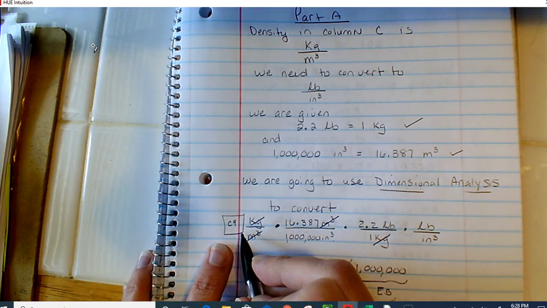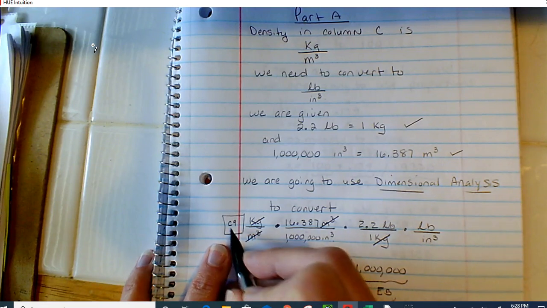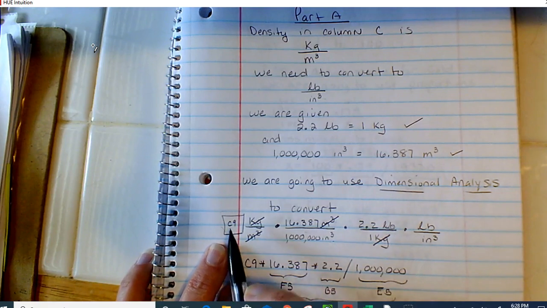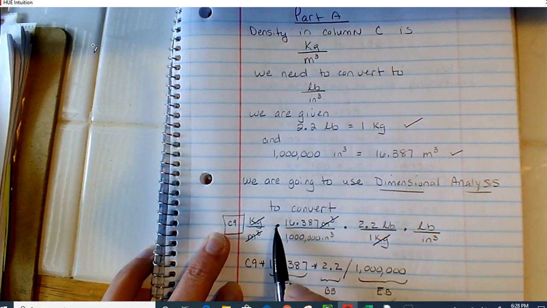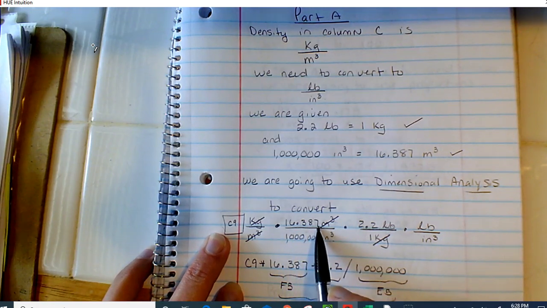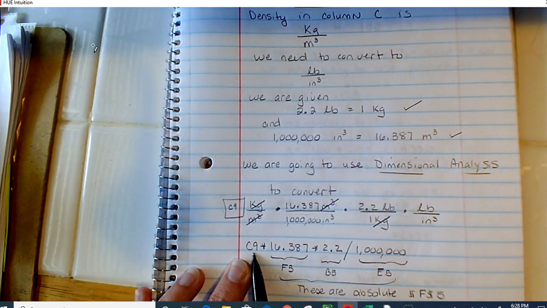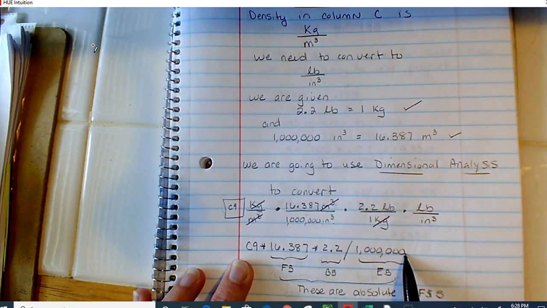The value here comes from my spreadsheet, and I'm just using the cell location C9 for right now. So I'm going to take C9, multiply it by 16.387, multiply that by 2.2, and divide all of that by 100,000.